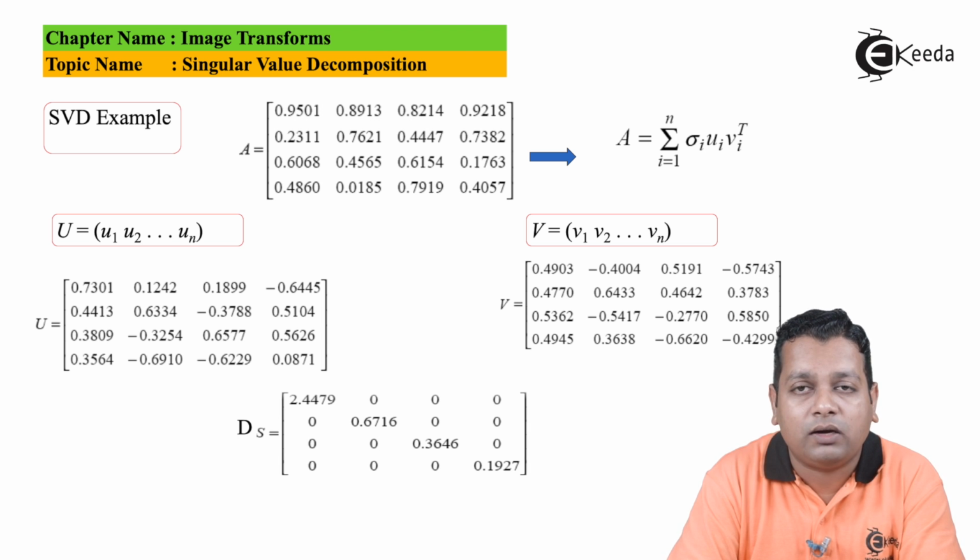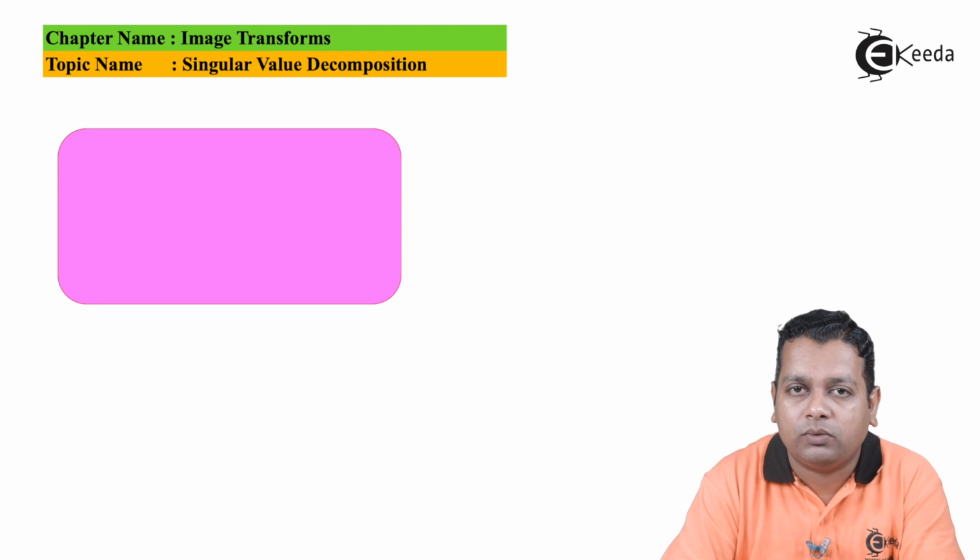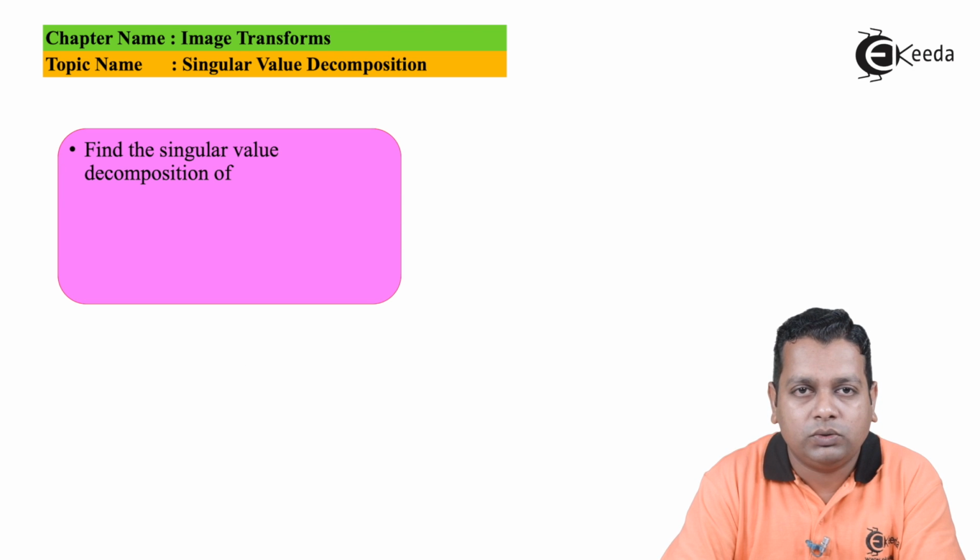The third matrix, which we earlier represented with W, is sometimes represented by capital D, as it has diagonal elements. These are the singular values of this input matrix. So the input matrix A is now decomposed into three matrices U, D and V transpose.